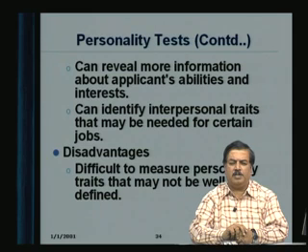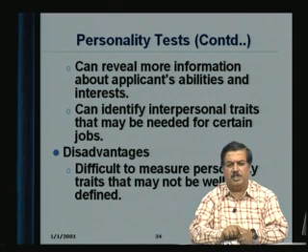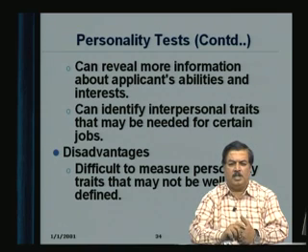And a personality test can also reveal more information about applicants' abilities and interests. So one can extrapolate the kind of traits they have, and then see whether the individual is likely to be accepted or rejected, partially successful or totally successful, and things like that. One can use this information to predict the future performance of the individual on the job.